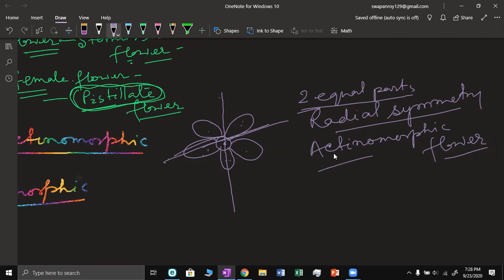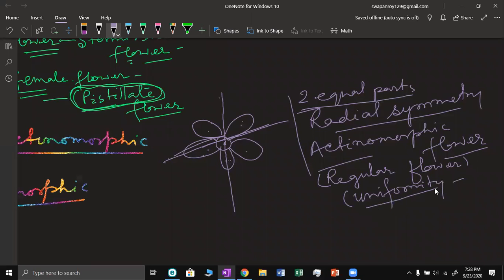These actinomorphic flowers are regular flowers. They have uniformity in their floral structure, that is, all the petals are of the same size, same color, similar structure, particularly calyx and corolla in this case.